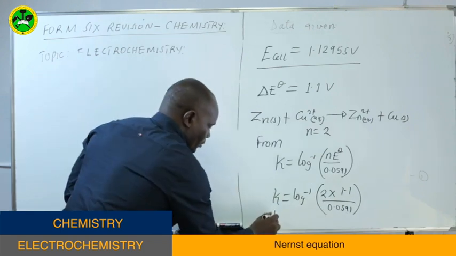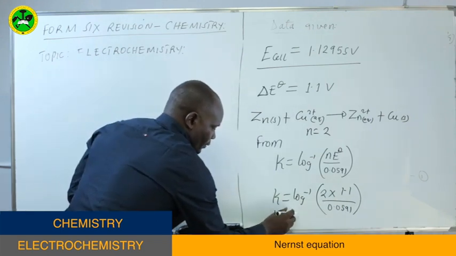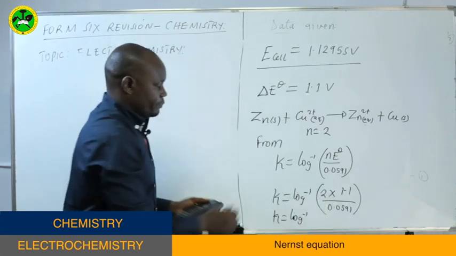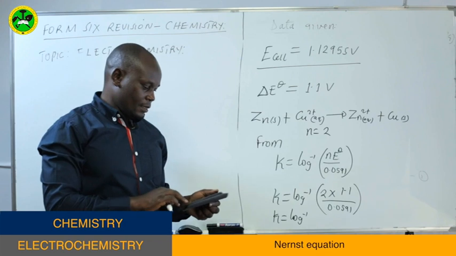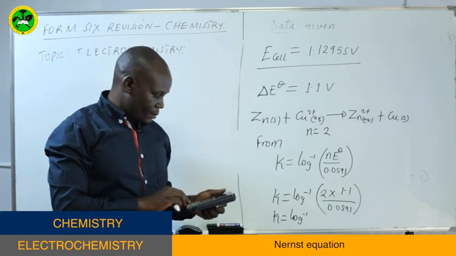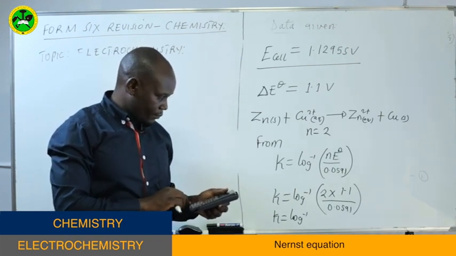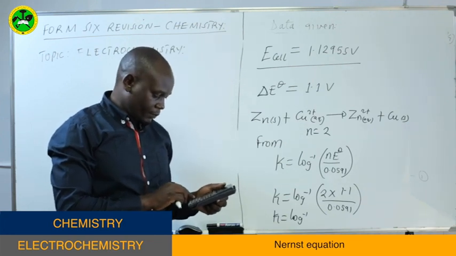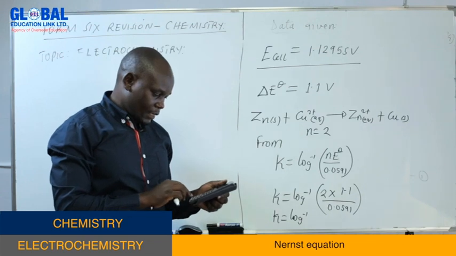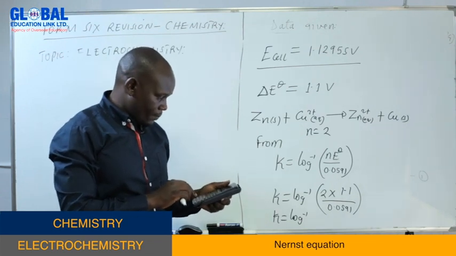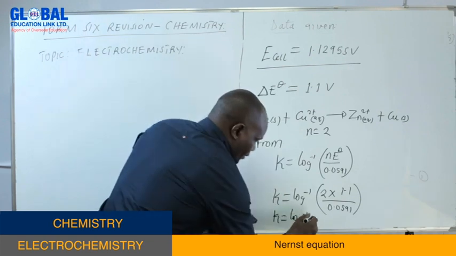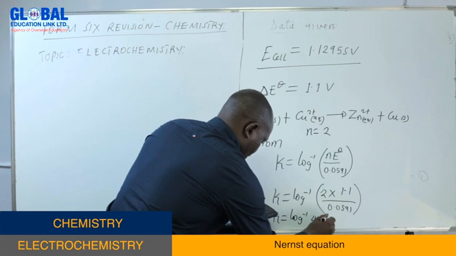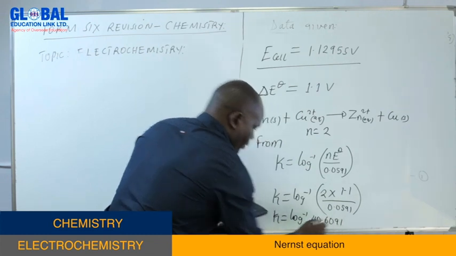So now use your calculator to calculate 2 times 1.1, then divided by 0.0591, and here you get the answer, which is approximately 40.6091.